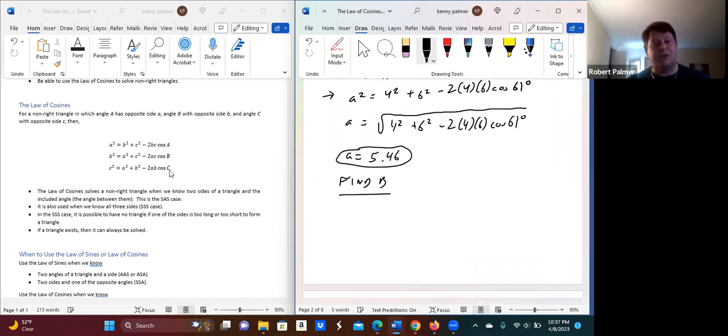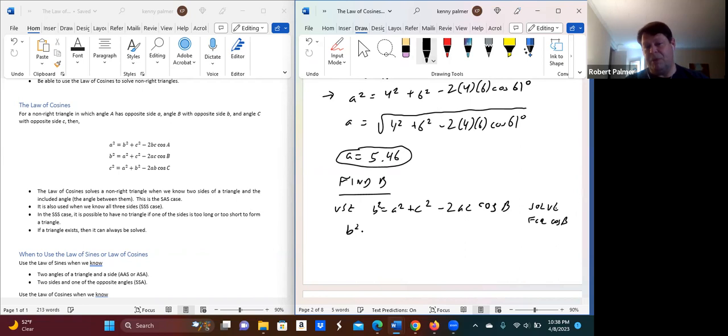Now, let's use a relationship for B. Let's write it out first. So B squared is equal to A squared plus C squared minus 2AC times the cosine of B. Now, you can do this two ways. You can either solve this formula for the cosine of B or plug everything in first, then solve for B. So I'm just going to solve this for the cosine of B. Okay, so we subtract.